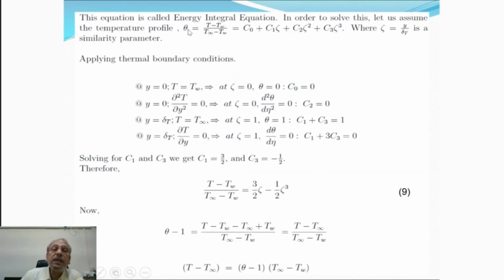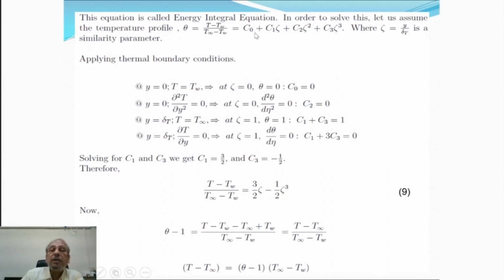Here we define theta as T minus TW divided by T infinity minus TW. Our conventional way is T minus T infinity divided by TW minus T infinity; we have changed it slightly. And we have taken up this profile.